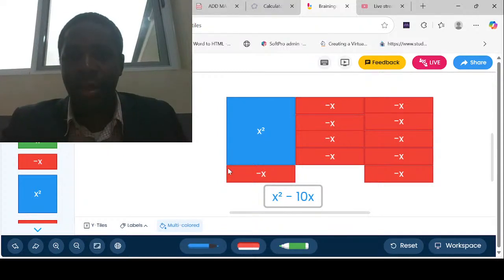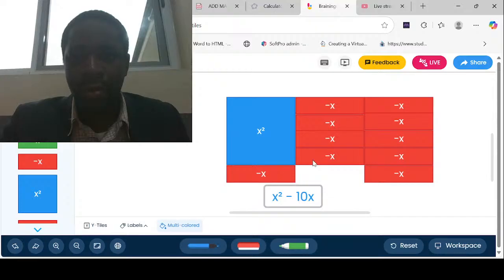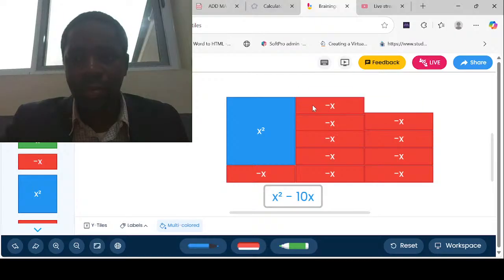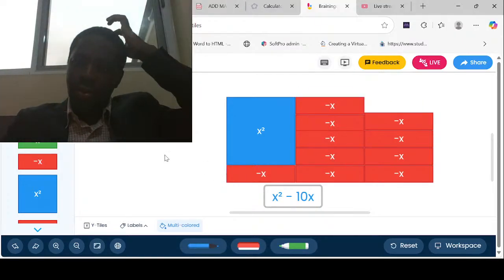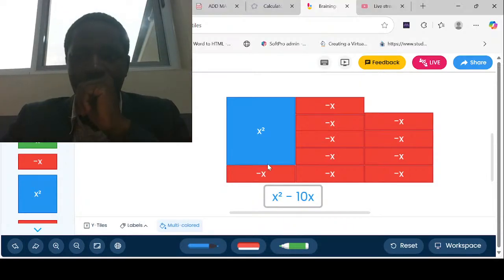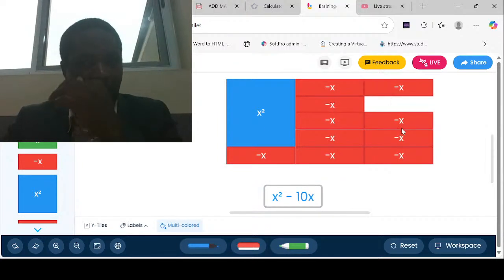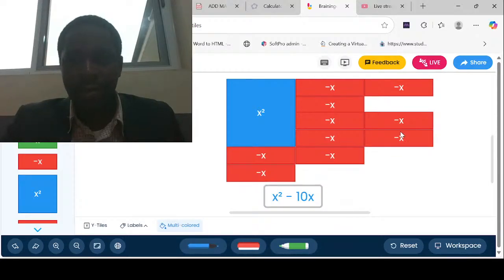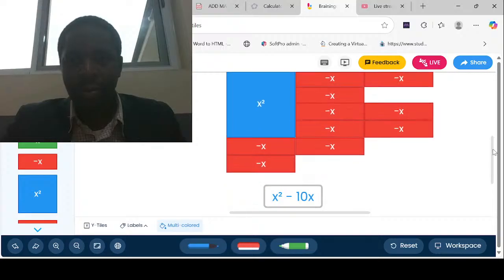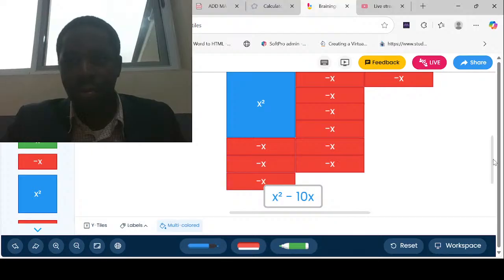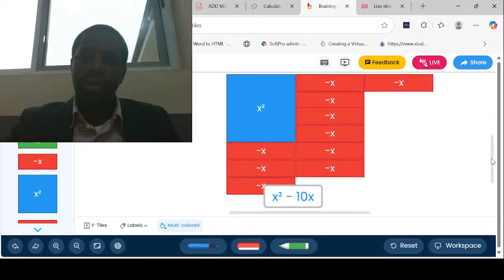All this place is negative x. For now, let's just leave this arrangement like this.